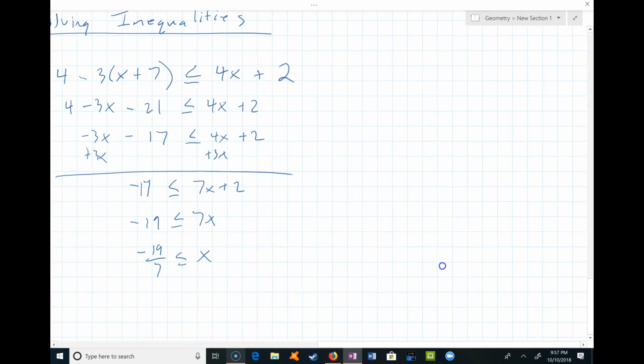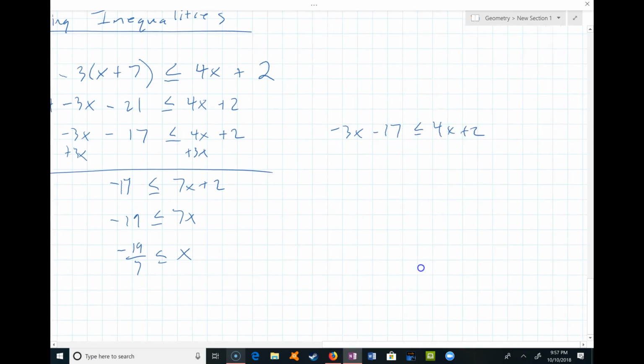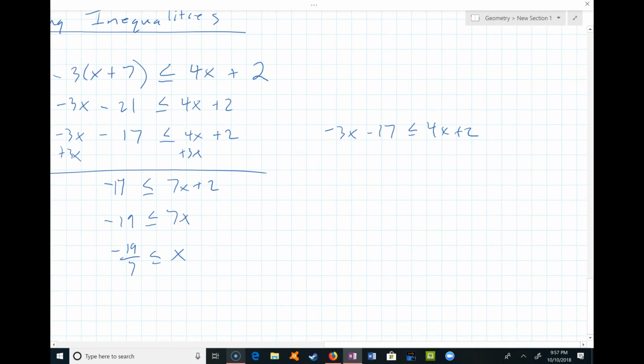Now just to make a point, I'm going to go back up here and say, what if we had gone a different way here? Instead of bringing the 3x over this way, I'm going to subtract 4x from both sides and see what happens. So we end up with negative 7x minus 17 is less than or equal to 2.